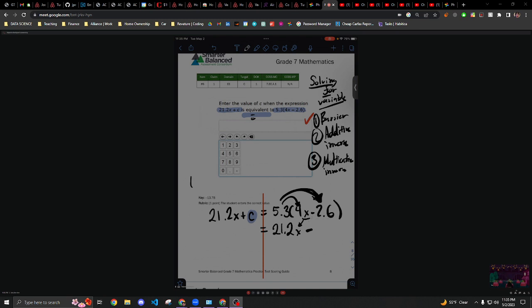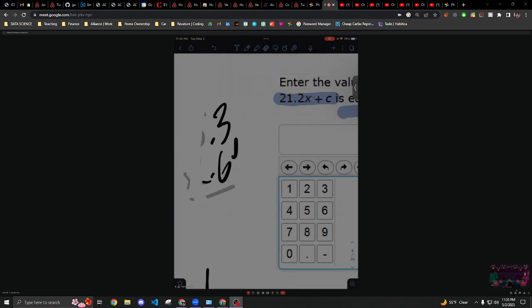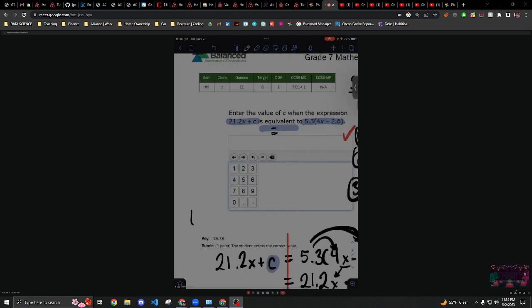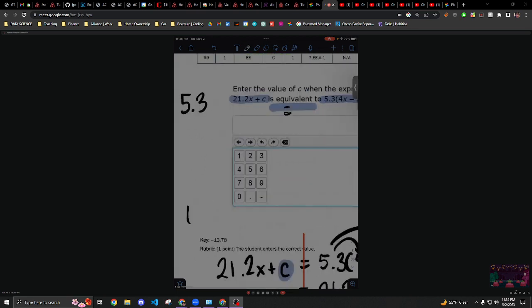I'm going to zoom in just on this, because we're running a little bit low on space, and I'm going to write this a little bit bigger: 5.3 times 2.6.